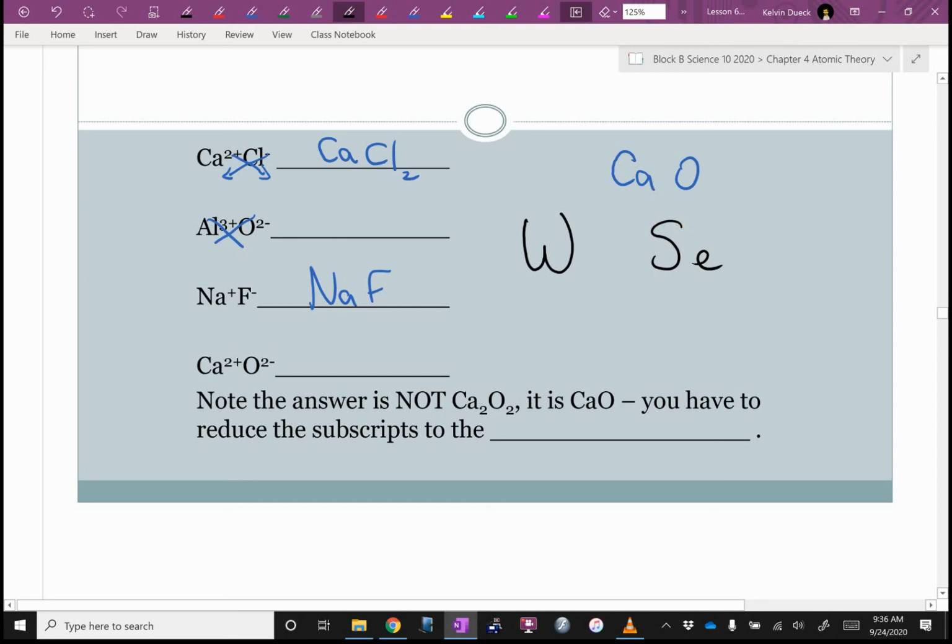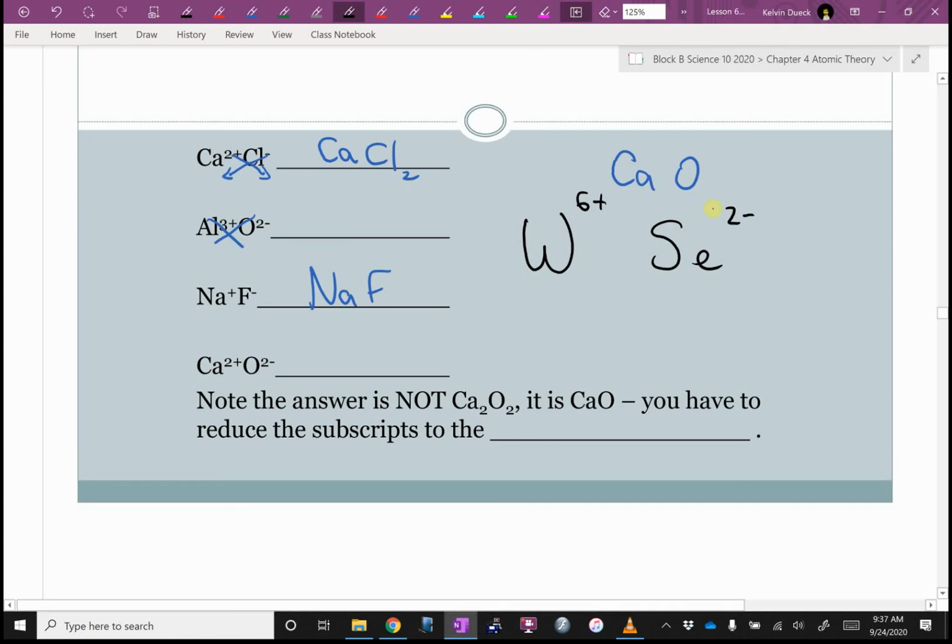Find W on your periodic table. Your hint is it's in the 70s. Tungsten. What's its ion charge? Find selenium on your periodic table. It's in the 30s. 34. Yep, it's selenium. And we would call this then tungsten selenide.